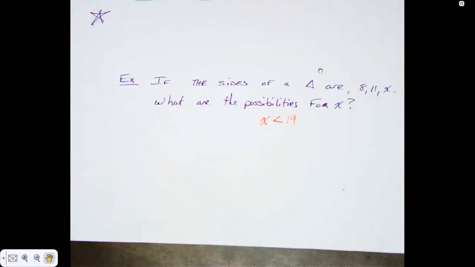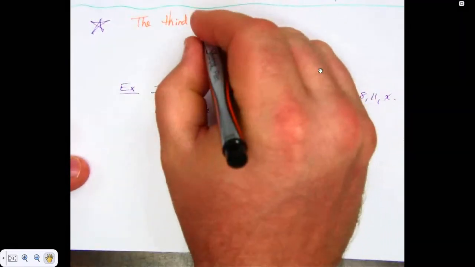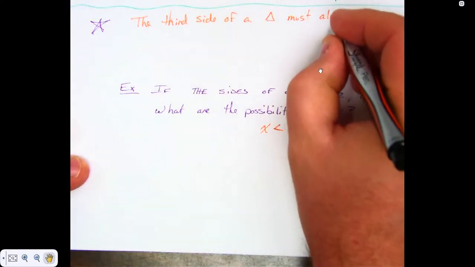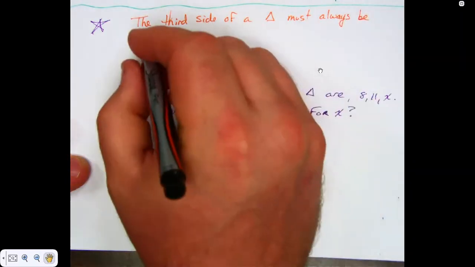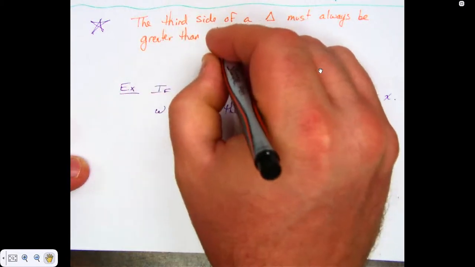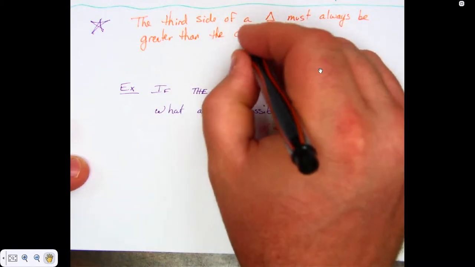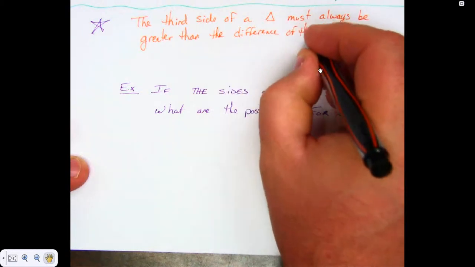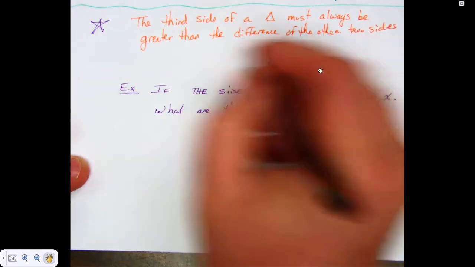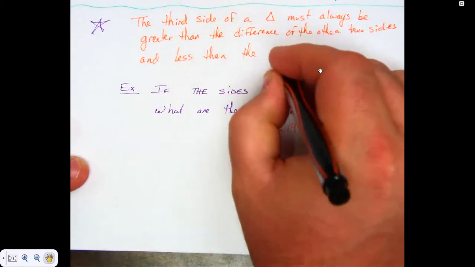The third side of a triangle must always be greater than the difference of the other two sides, and less than the sum of the other two sides.